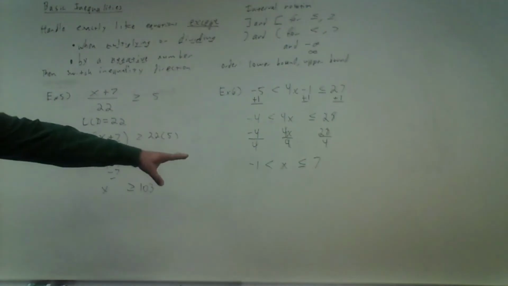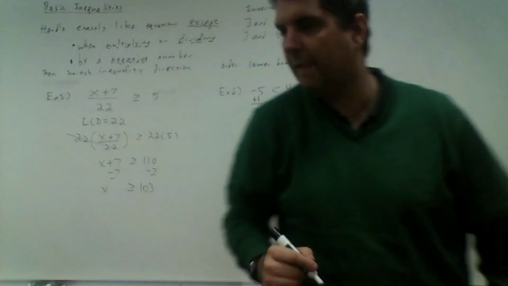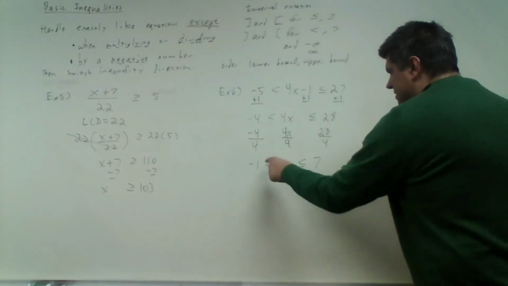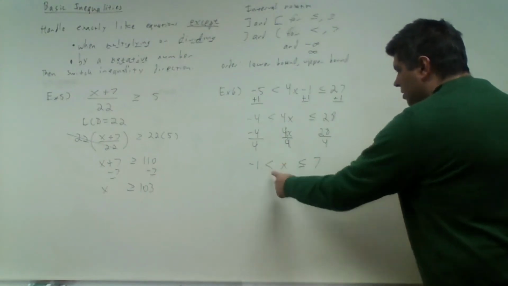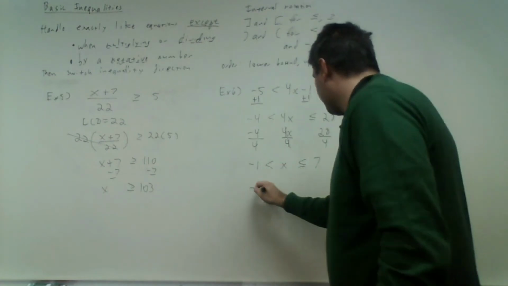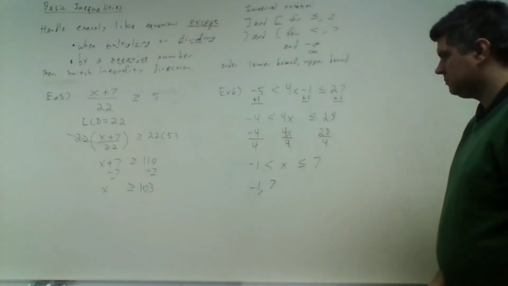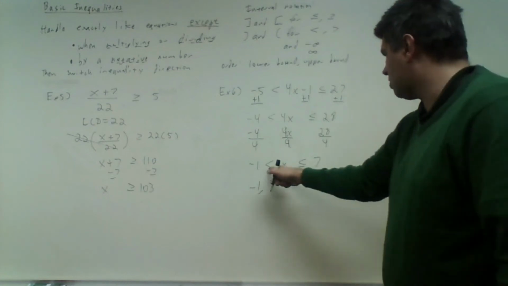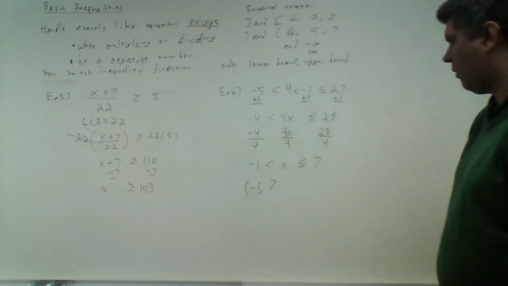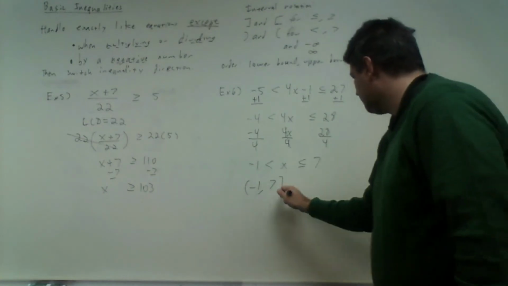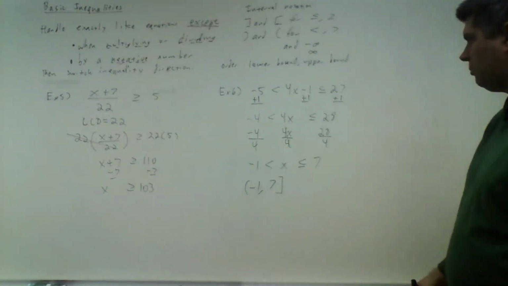For this type of problem, we're saying that x is between negative 1 and 7, but it doesn't include negative 1. So negative 1 is the lower limit, 7 is the upper limit. Because it's not "or equal to," we use a parenthesis for the negative 1. We use a bracket for the 7 because of the or equal to.